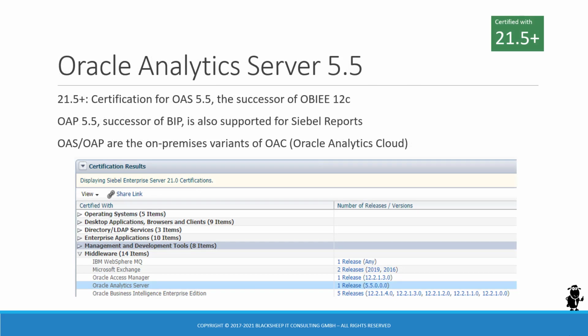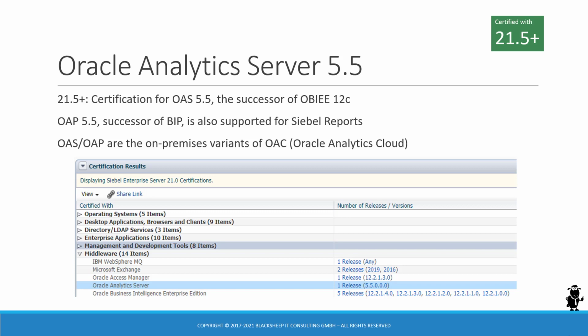So what to say about Oracle Analytics Server? It is the successor of Oracle BI Enterprise Edition 12c. It was conceived in early 2020 and announced for public availability back then as a combination of on-premises and cloud-based deployment. So it's the same code base.